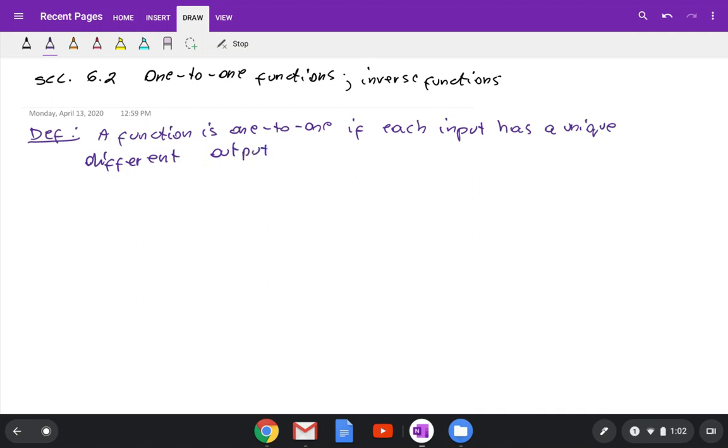Okay, so technically, how are you going to know that a function is one-to-one?